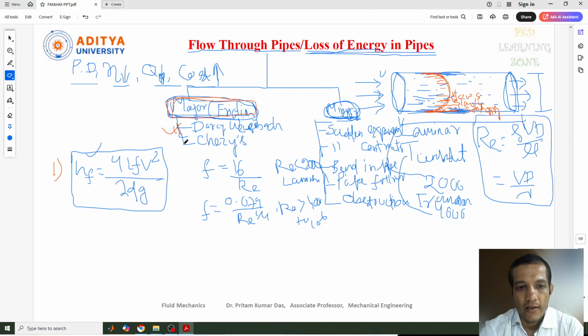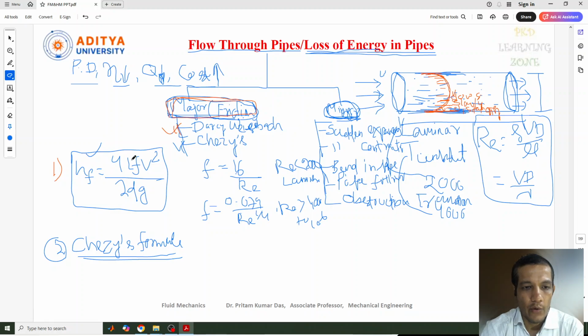Now the next thing is Chezy's formula, or Chezy's equation. We need to derive this equation from the previous one, where we got this formula.